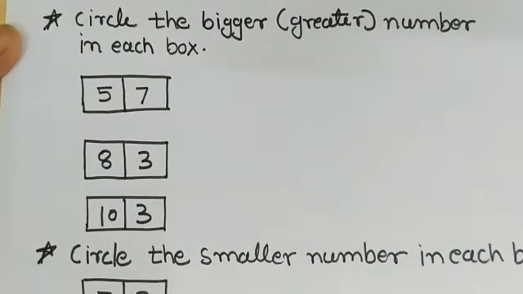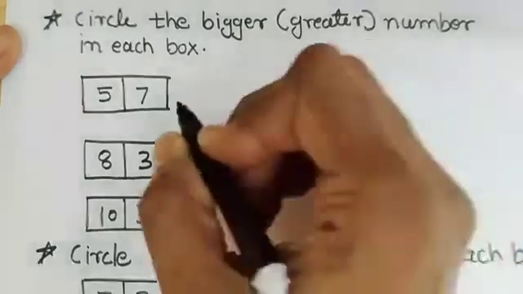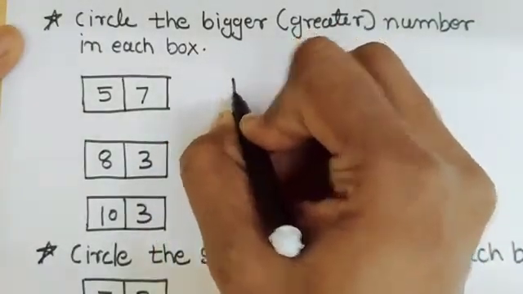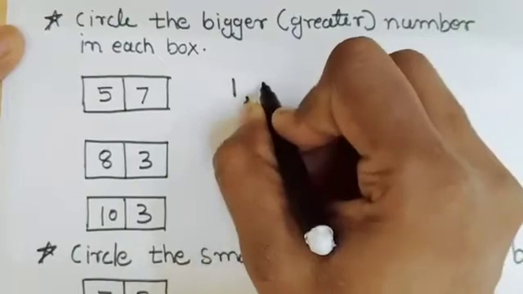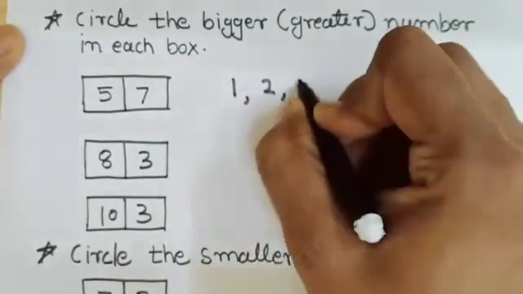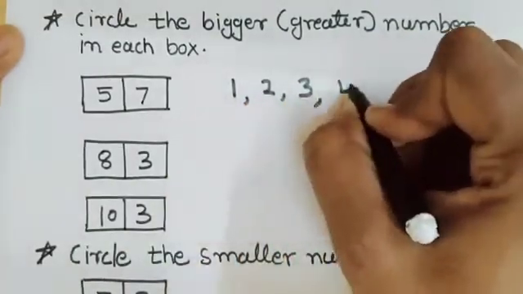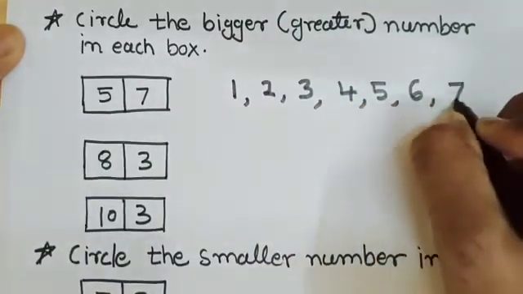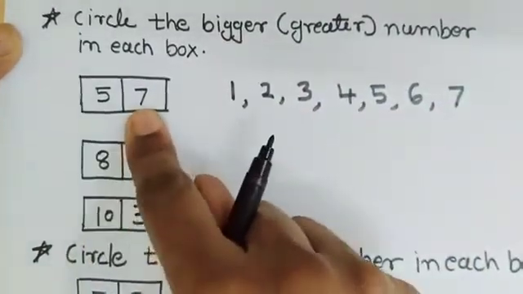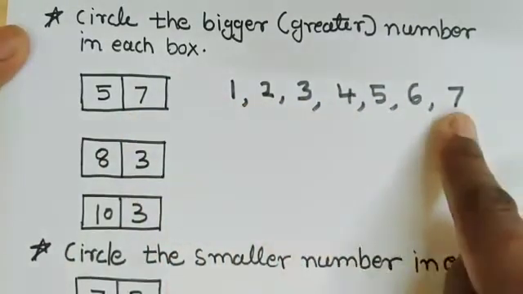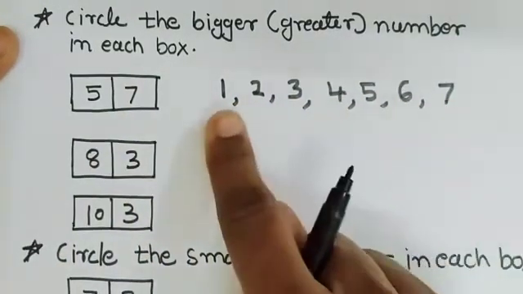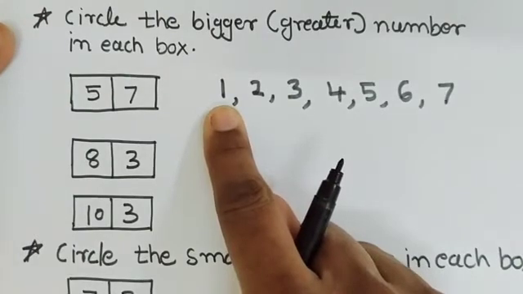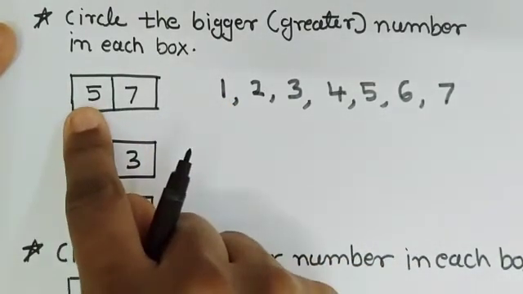So how to get this? For that we have to write the numbers here in serial order 1, 2, 3, 4, 5, 6, 7. We have 5 and 7. So I am writing 1 to 7 here. So which number will come first? Here which number is coming first? 5.